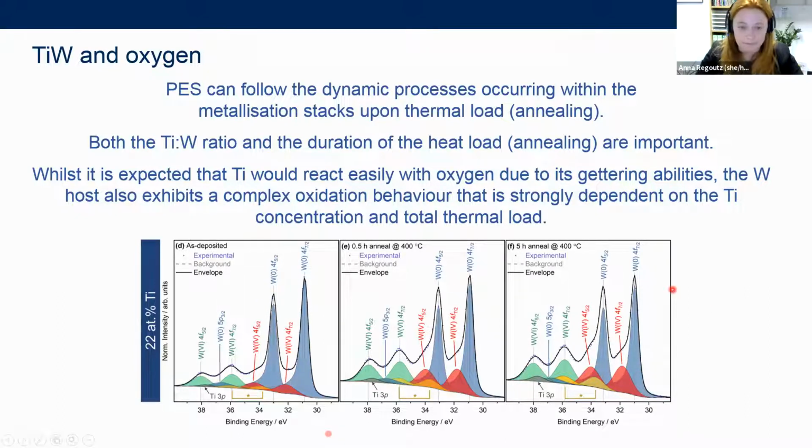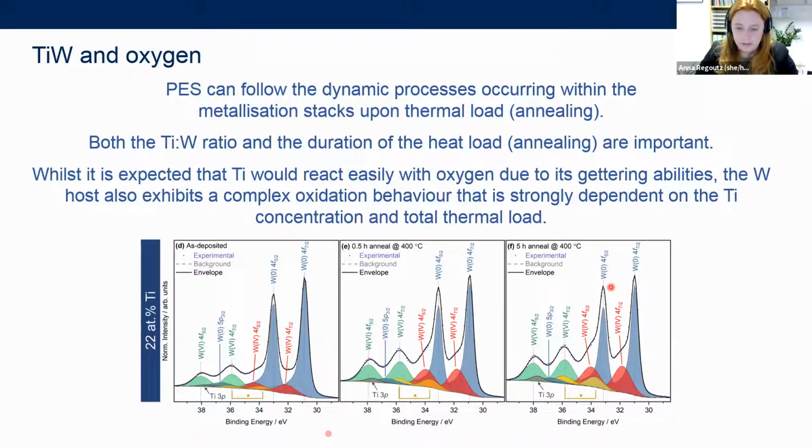So with annealing, which basically is representative of the thermal load during the manufacturing of these semiconductors, but also during operation. And whilst you would always expect that titanium would easily react with oxygen because it's a very good getter, it likes to absorb oxygen a lot, the tungsten, actually, you wouldn't expect to oxidize that much if there's titanium around.